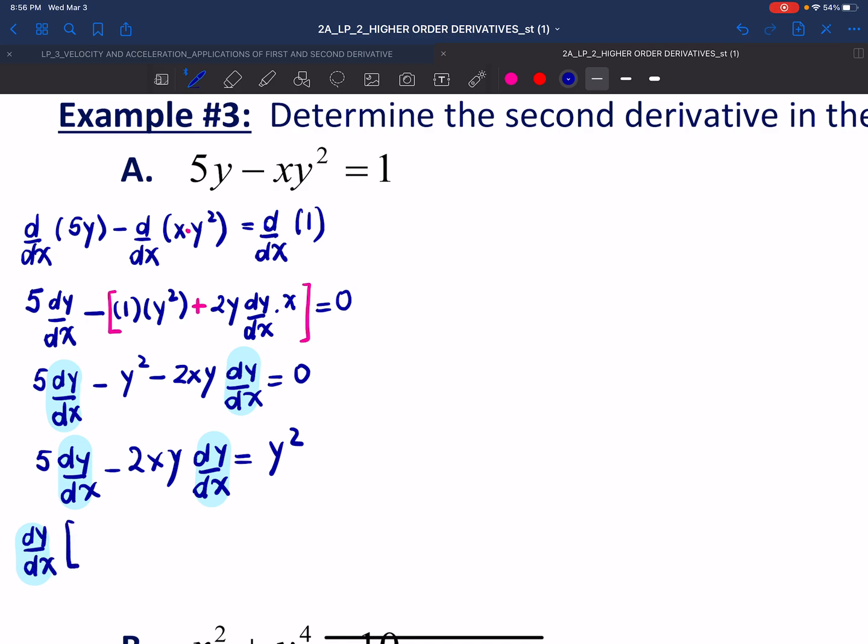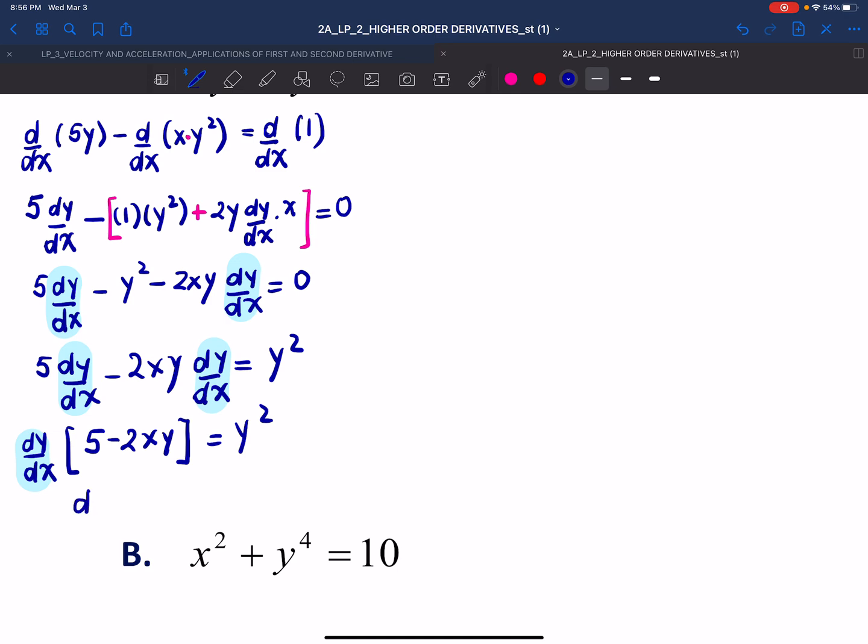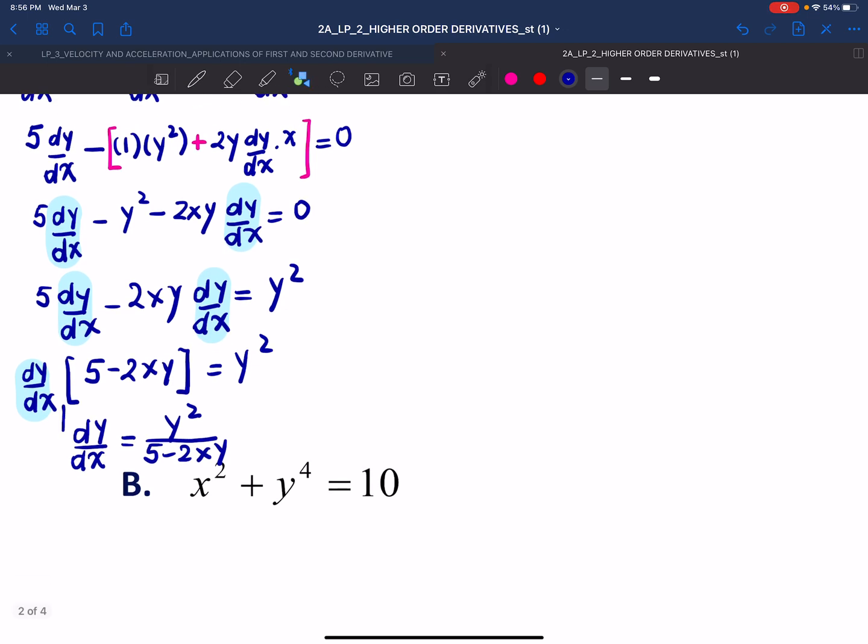And then in brackets we have 5 minus 2xy equals y squared. So we'll say that dy dx equals y squared divided by 5 minus 2xy. So here goes the derivative, the first one.